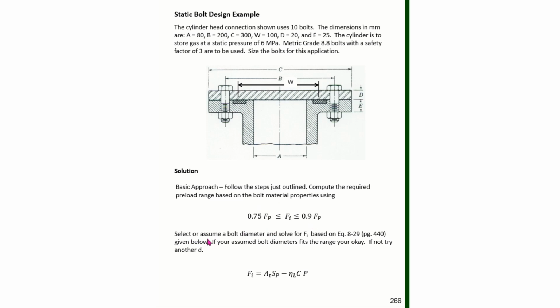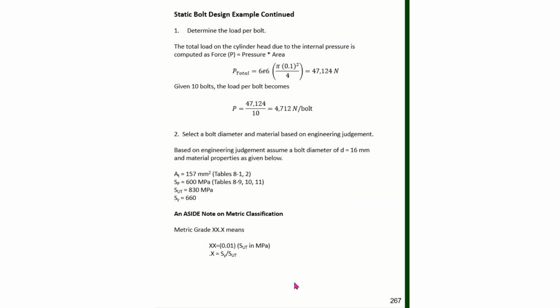We'll need to select or assume a bolt diameter and solve for Fi based on equation 8-29, page 440, which is also given down here. And then if our assumed bolt diameter fits the range, we're okay. If not, we'll try another D. So that's the basic process that we're going to follow.